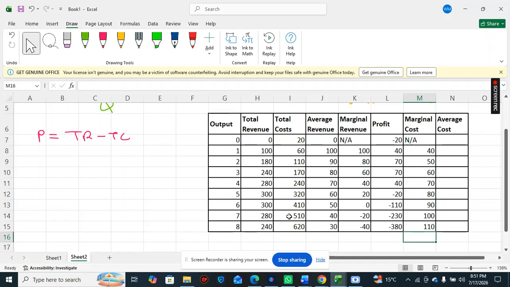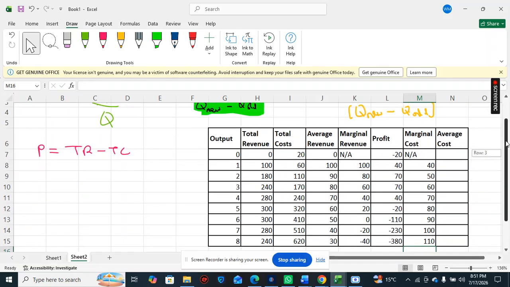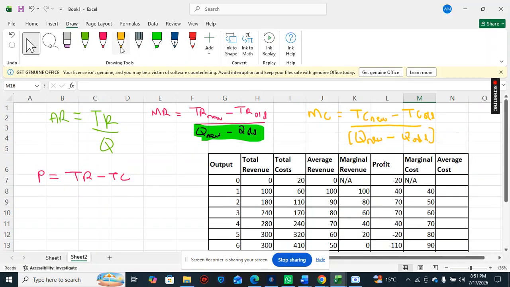All right. Then finally, our average cost, AC. Average cost, the cost per unit, is your total cost divided by the quantity. So anytime you hear the word average, just know in the formula your denominator is quantity.